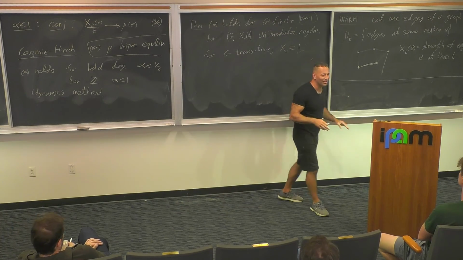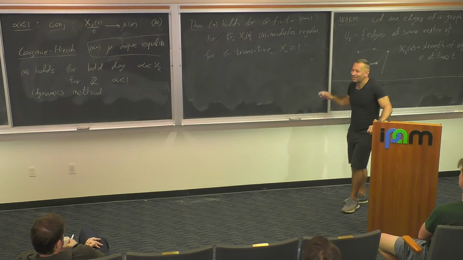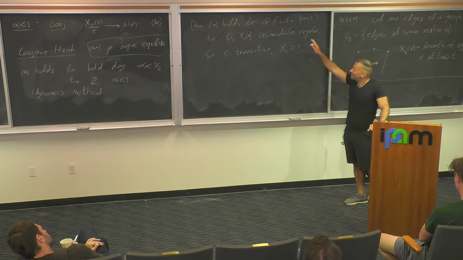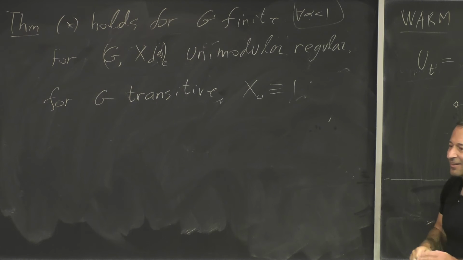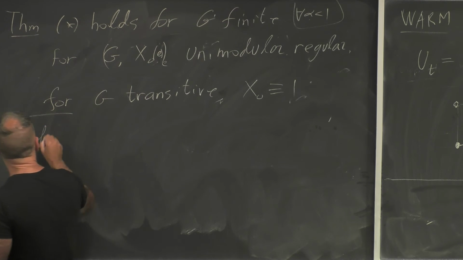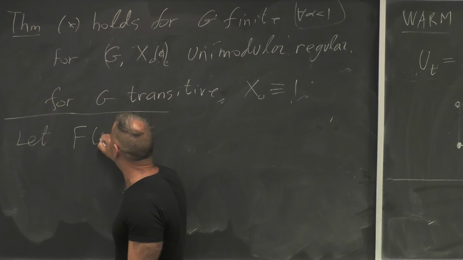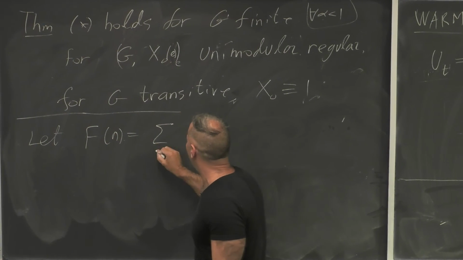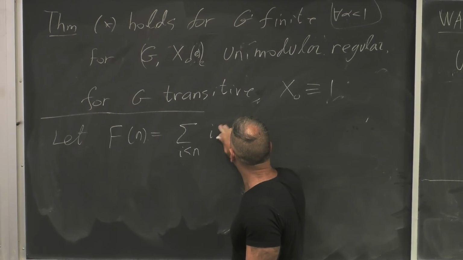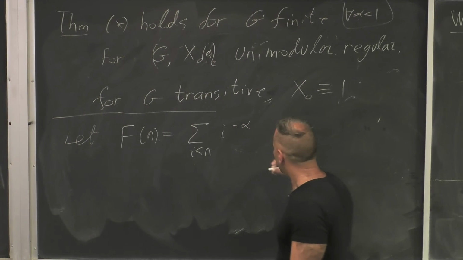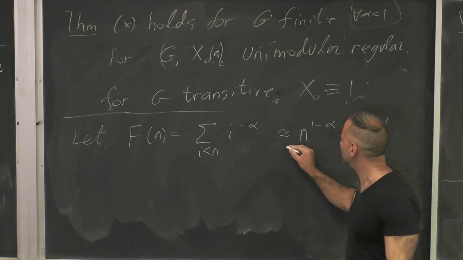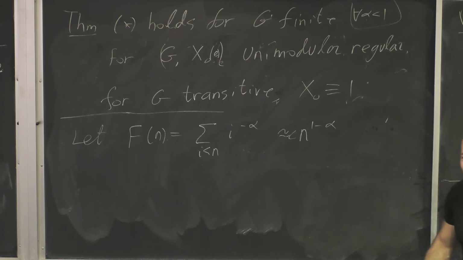I'm out of time more or less, so I'll just show the idea in the simplest case of a finite regular graph, and the idea is as follows. Let's define some function f of n, which is just the sum over i less than n of i to the power minus alpha, which is roughly n to the 1 minus alpha, with some constant.